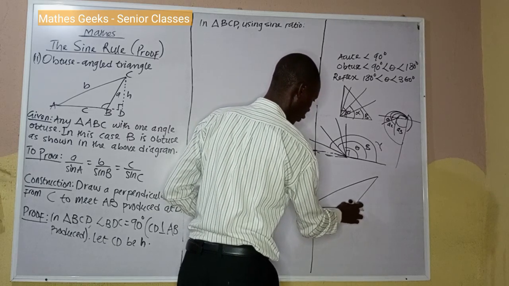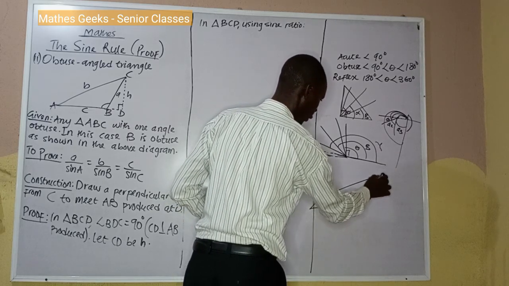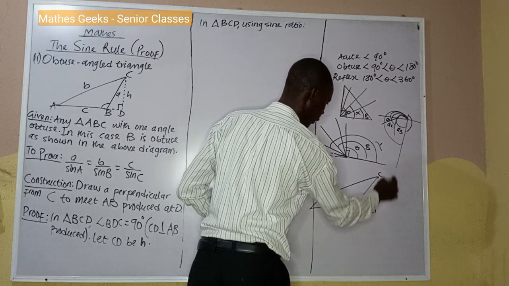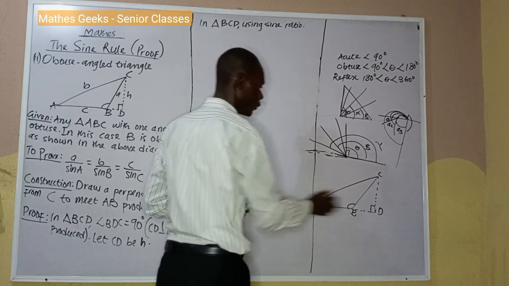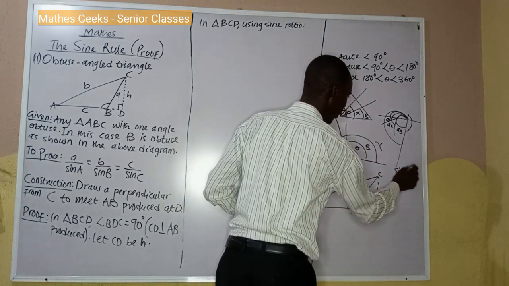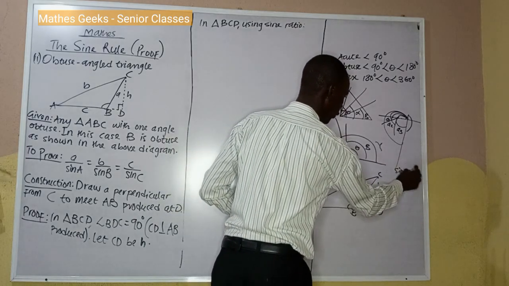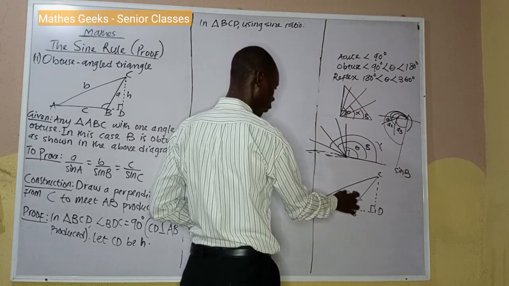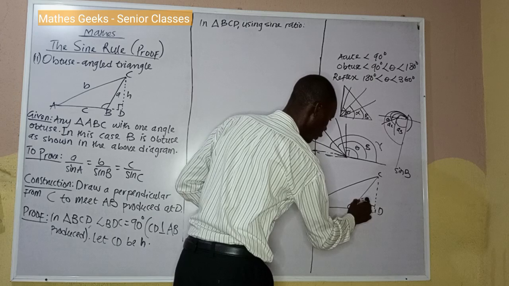This is the obtuse angle B, and this is what was produced. This is CB. We are considering triangle BCD, so we are not going to use this obtuse angle. Rather, we need to know this angle.